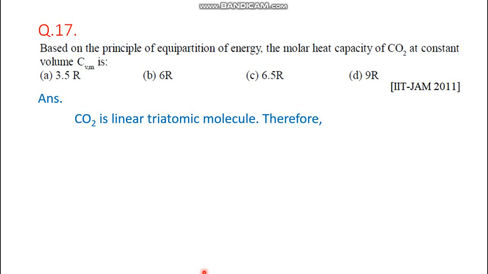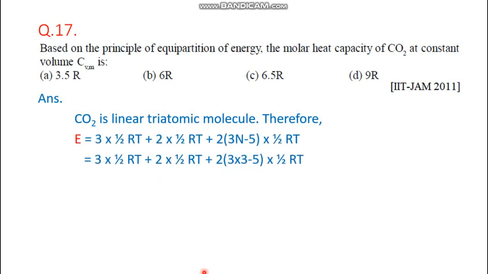CO2 is a linear triatomic molecule, therefore equation number 30 is taken into consideration here. I'm sorry, it's not 32, it's equation number 30. According to equation number 30, it equals 3 into half RT, this is for translational, plus 2 into half RT, this is for rotational, plus (3N minus 5) into half RT, this is for vibrational.